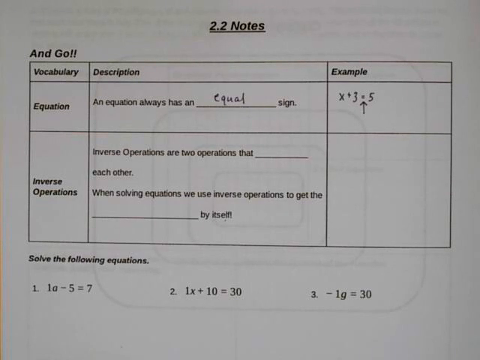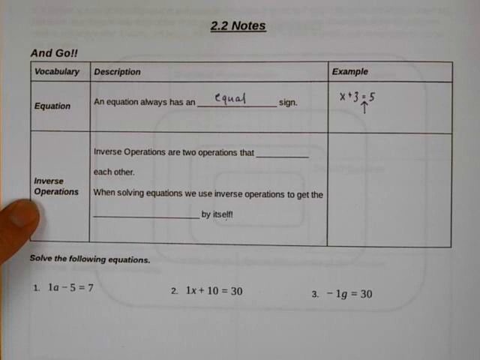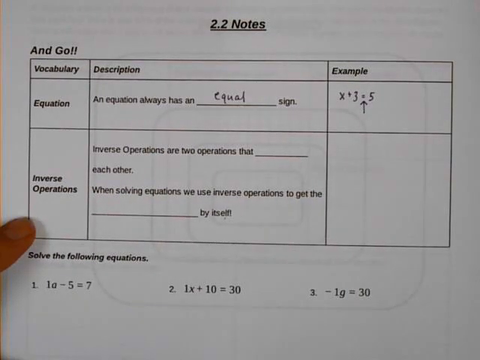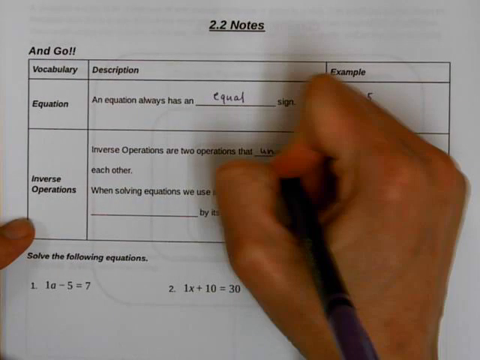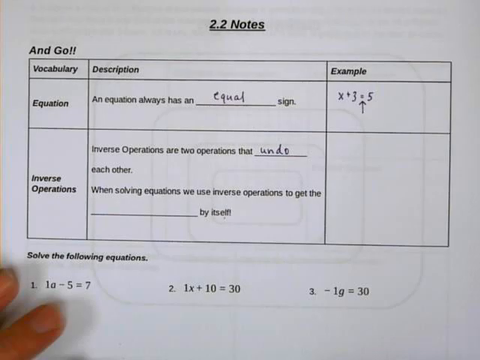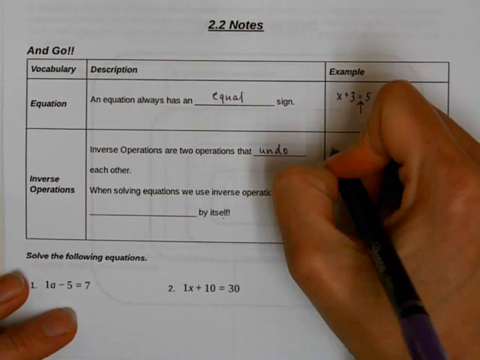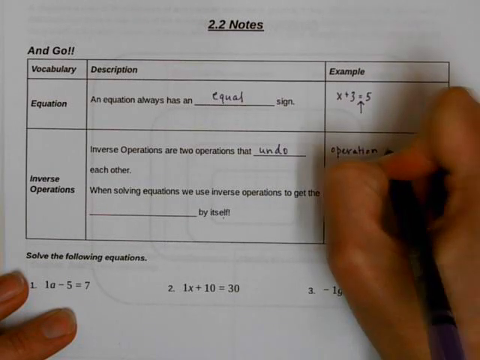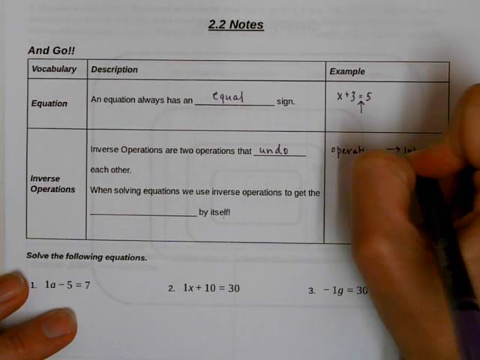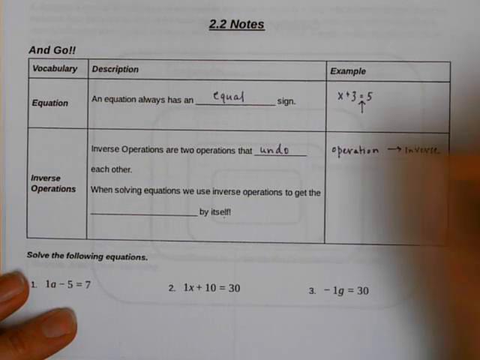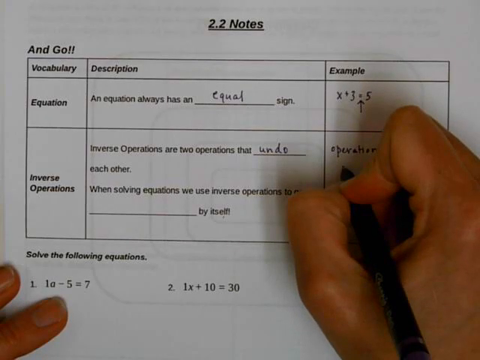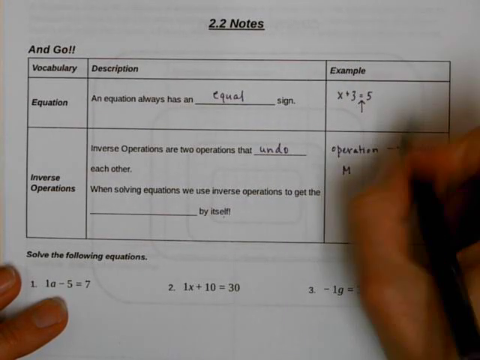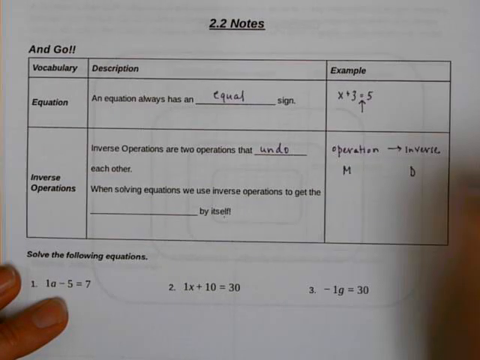it, we need to know about inverse operations, which are just two operations that undo each other. And so we talked about this last time. So we can think of an operation, and each one has an inverse that kind of undoes the first one. So for example, if my operation is multiplication, its inverse is going to be division.